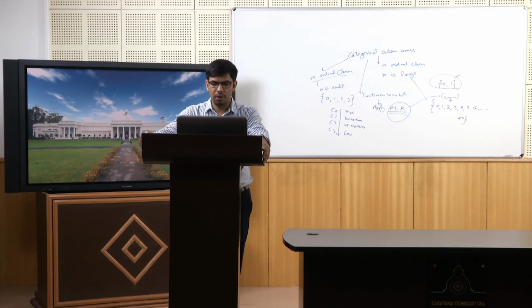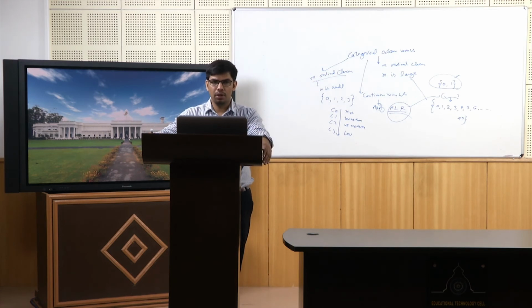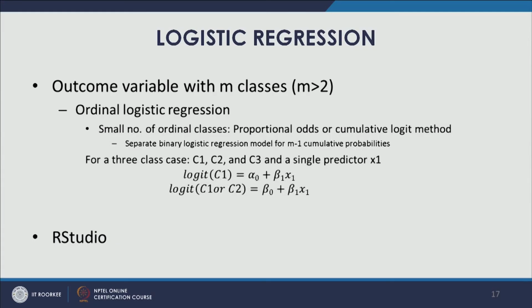The same beta coefficient can be used for both these logistic equations, and from this we can compute the cumulative probability values. Once the cumulative probability values for these classes have been computed, the actual probability values for C1, C2, C3 can be derived using the probability formulation that we have. So from logit we can derive the probability values.